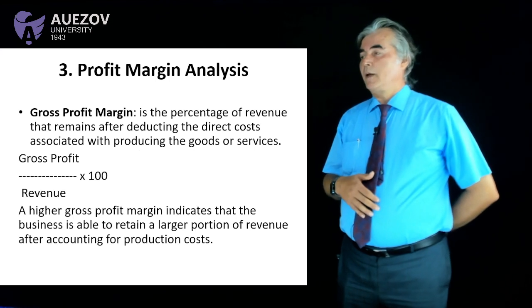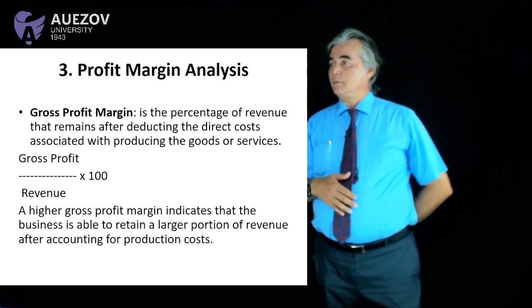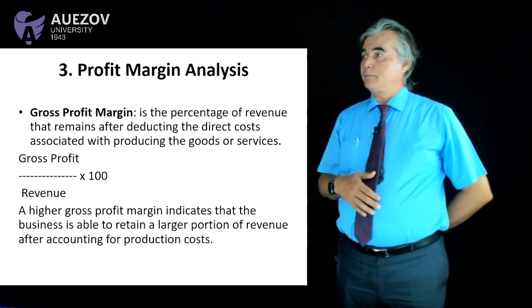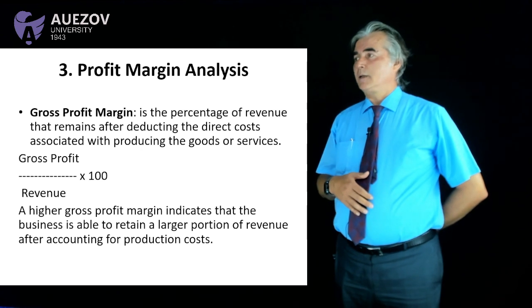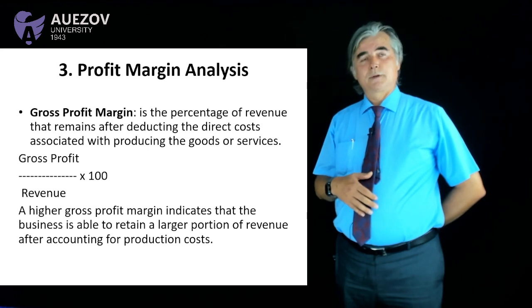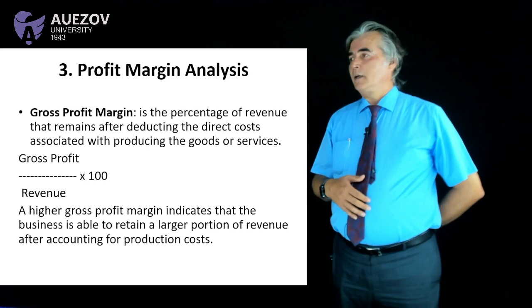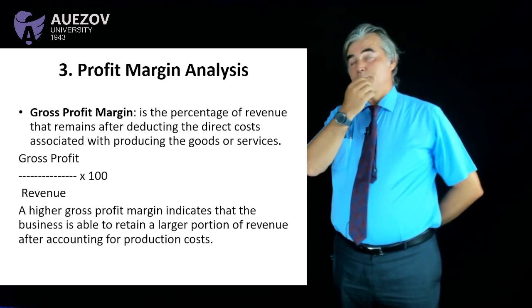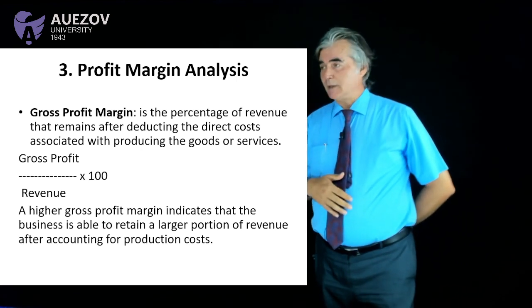The other analysis we use in our article is profit margin analysis. We first found gross profit and total production cost, and then we calculated gross profit margin, one of the items in this analysis.